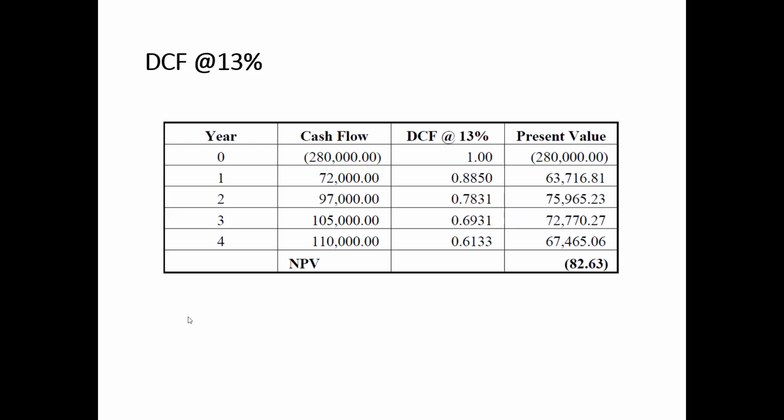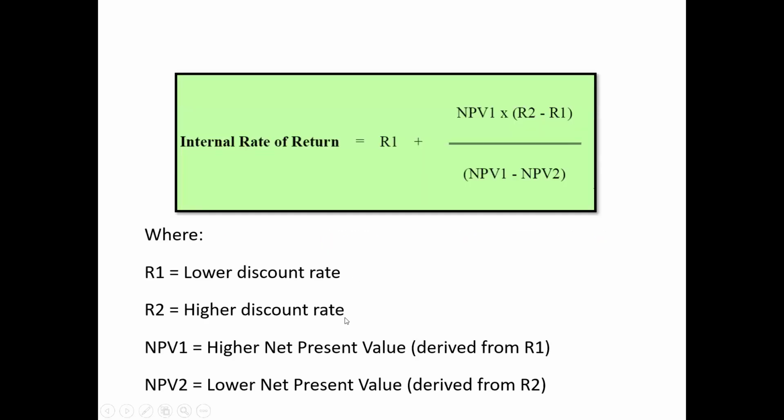Now, the next step is we are going to calculate the IRR. So, IRR can be calculated by using this formula. Here, R1 represents the lower discount rate. For that, we have to add the NPV with the higher rate.